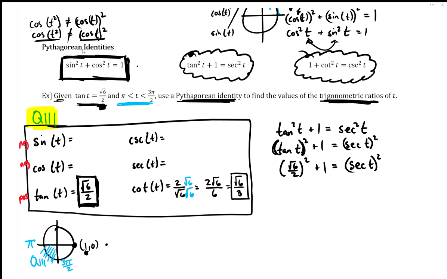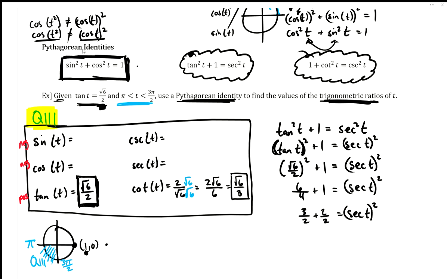Okay, and then the square root of 6 over 2, I can square. Remember, squaring a fraction, you square both the top and bottom. Square root of 6 squared is 6. 2 squared is 4. So we have 6 over 4 plus 1 is secant of t squared. Well, 6 over 4 is 3 over 2. Let's reduce it. And then we will need a common denominator, so let's change the 1 into 2 over 2.